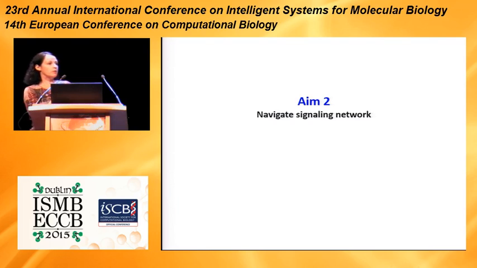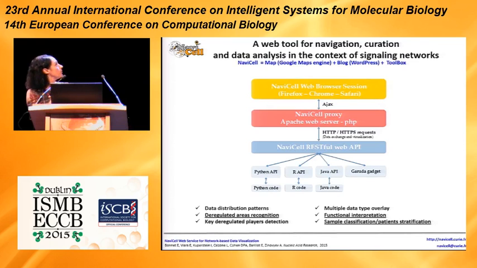Of course, when one constructs such a huge map, it's an effort as it is, but the next effort is to navigate through the map. Like in geographical maps, we decided to profit from the Google Maps engine and explore our maps as Google Maps. We created the NaviCell tool, which uses the Google Maps engine.